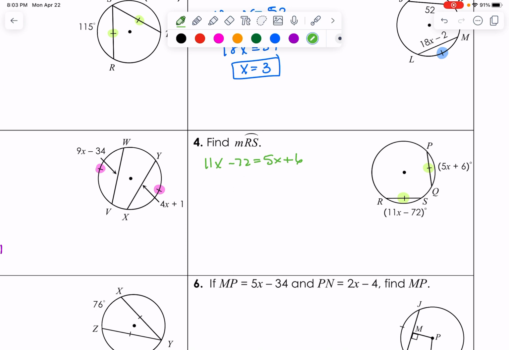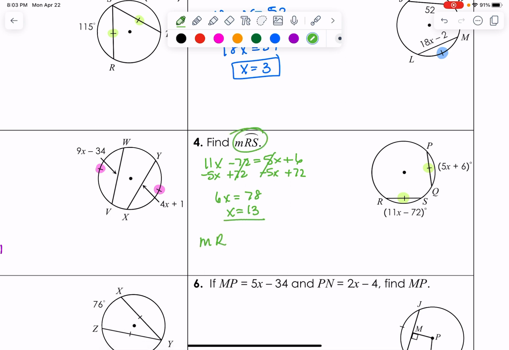So I'm going to subtract 5x from both sides, and add 72 to both sides so that I get 6x equals 78. So x is 13. But that's not what I asked. I need the measure of the arc.